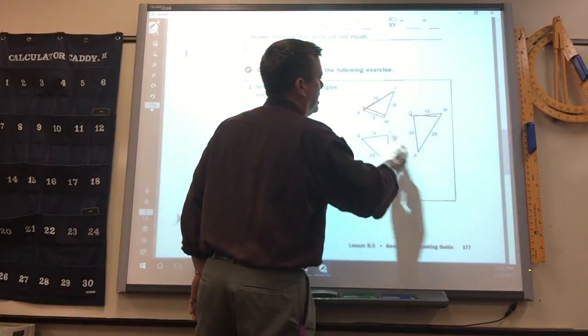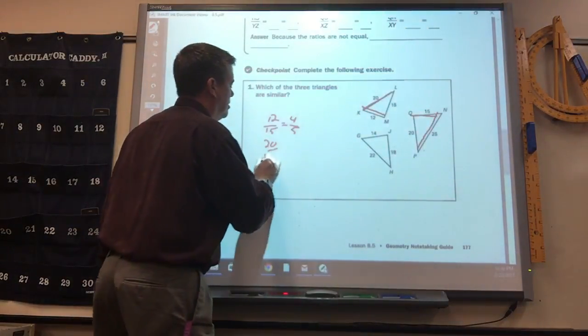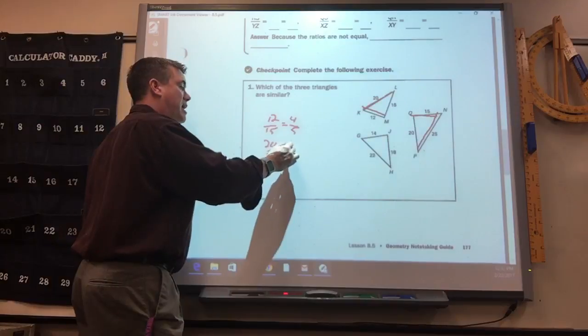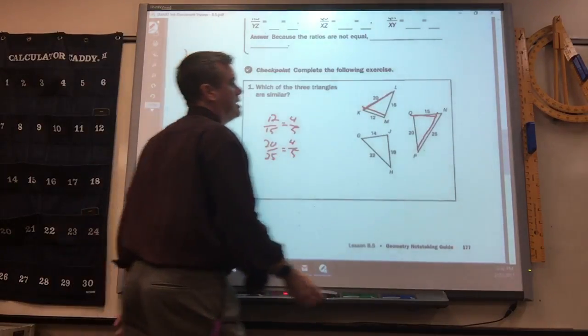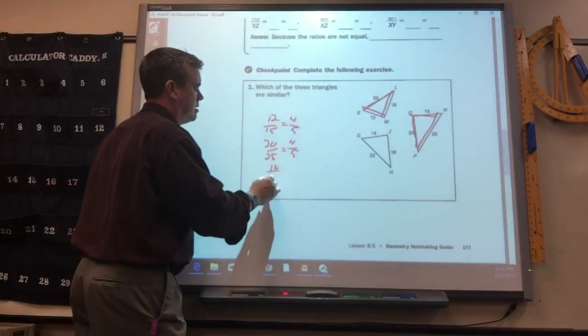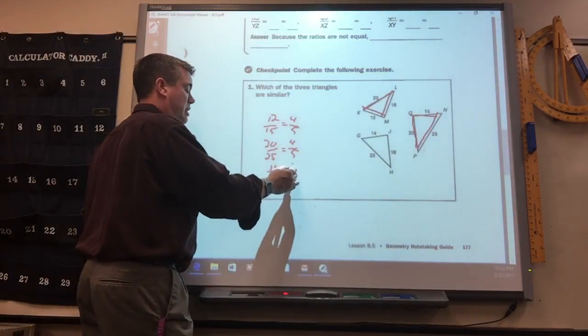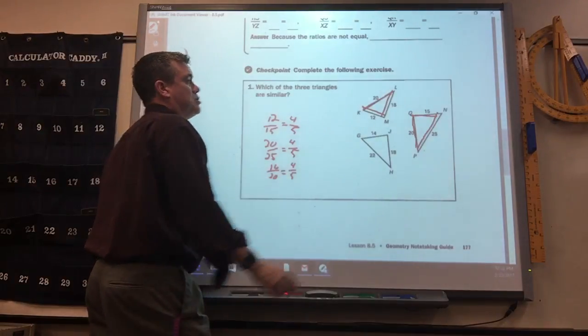The long side to the long side, 20 to 25, you can divide them both by 5 and you'd get 4/5. And then the remaining 16 to 20 does reduce. You can divide them both by 4 and you'd get 4/5. So it is these two.